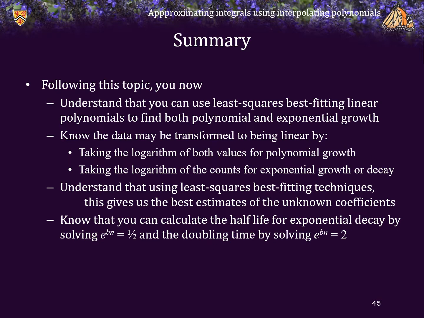You understand therefore that on these results, you can use least squares best fitting techniques, and these are going to give us the best estimates of the unknown coefficients. Finally, you know that you can calculate the half-life for exponential decay by solving e to the bn equals 1/2, and the doubling time by solving e to the bn equals 2 if there's exponential growth.